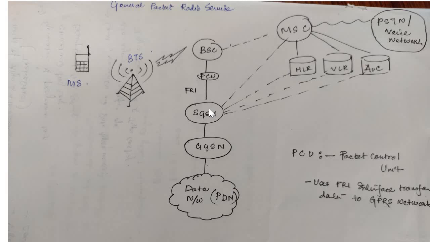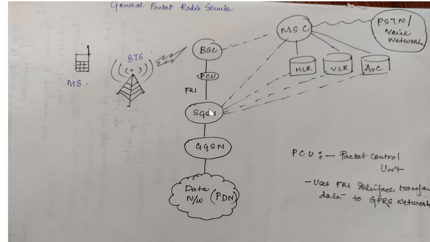Now, what is the actual functionality of SGSN and GGSN? SGSN is responsible mostly for authentication of the GPRS mobile, number one; registration of mobiles in the network, number two; and thirdly, mobility management and collection of information on charging. It gets the packet and does most of the important work.